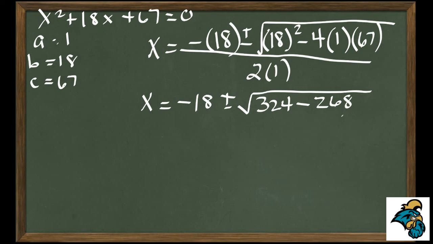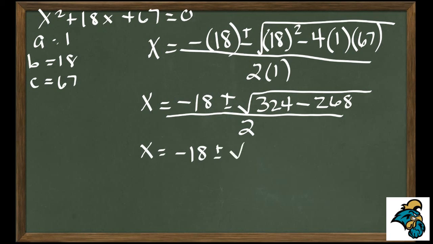And just do that in your calculator. Divided by 2. Continue to simplify. X is equal to negative 18 plus or minus the square root of 324 minus 268 is 56. All of that divided by 2.